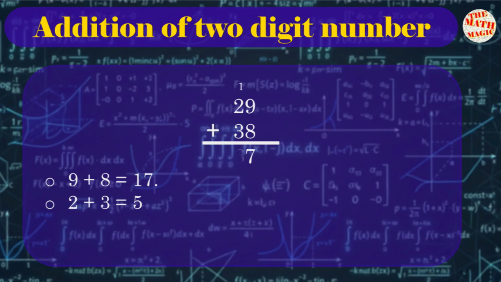An example is shown here, in which we have added 38 to 29. First, we added the units place: 9 plus 8 is equal to 17, then wrote 7 below and carried 1 above to the tens place. Then we did the tens place addition: 2 plus 3 equals 5, added that 1 to it and got 6. So our final conclusion is 29 plus 38 equals 67.